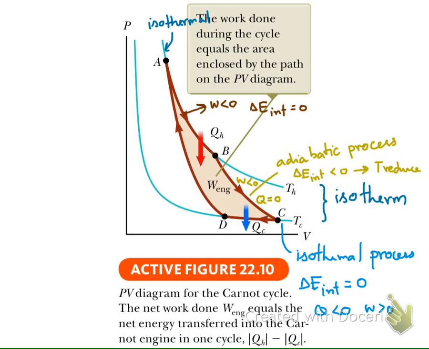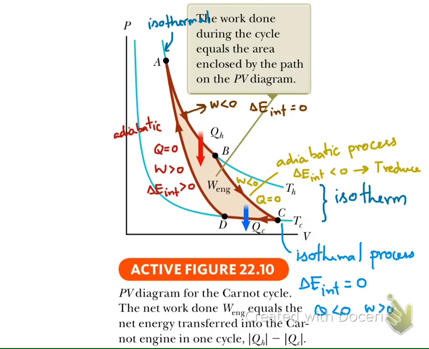So Q is equal to 0 during this process. It is an adiabatic process. Q is 0, and W is positive because there is work done on the system. So delta E int is positive. The internal energy of the system increases.